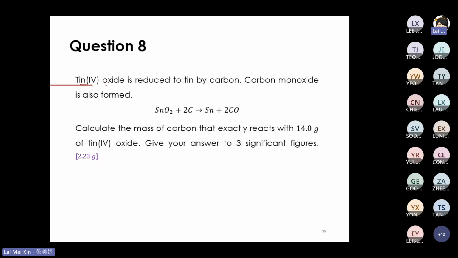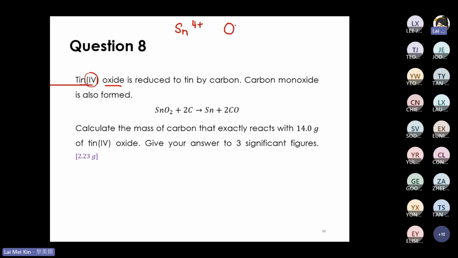So again, tin(IV) oxide. Let's quickly figure out what is tin(IV) oxide. What is tin? Sn. So what does 4 mean again? The charge is 4 positive. Iron(III) is 3 positive, so tin(IV) is 4 positive.